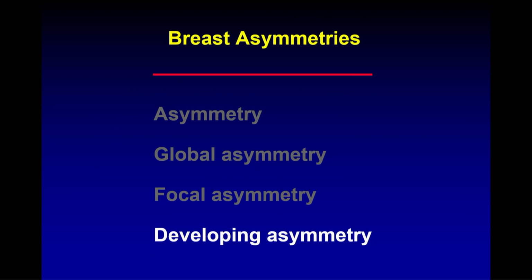Okay, now developing asymmetry is a subset of focal asymmetry. In order to be able to characterize the finding as developing asymmetry, you need priors, because you need to see change. And it has to be change for the worse. Obviously, if you saw a focal asymmetry and you got another one and it was smaller, you would not worry about it, because breast cancers don't go away with time, unless there's treatment, and there wouldn't be treatment if it's screening.